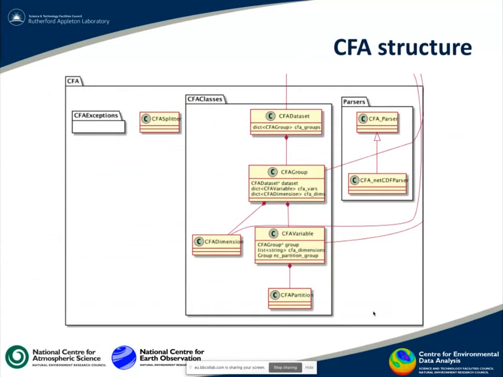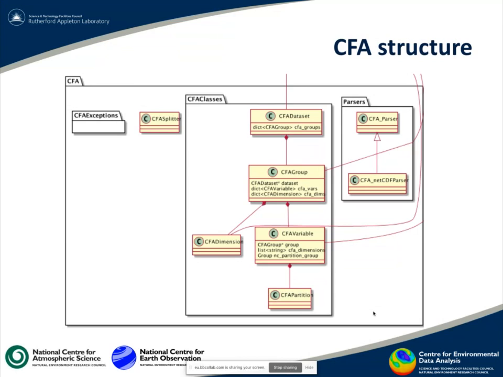So this is the structure we have, and it mirrors the NetCDF structure quite a lot. You have a data set, and each data set can have a number of groups, and each group in this case contains a dimension. That's slightly different, because there are actually no dimensions in the data set in CFA.